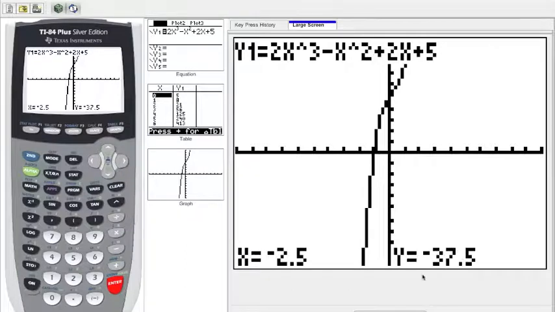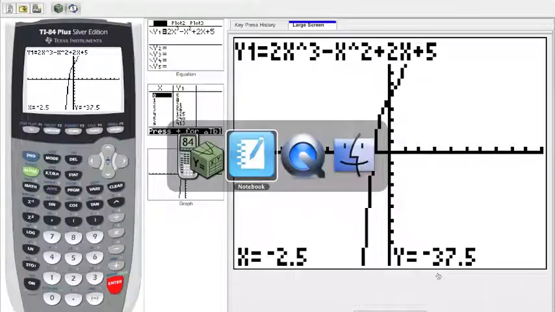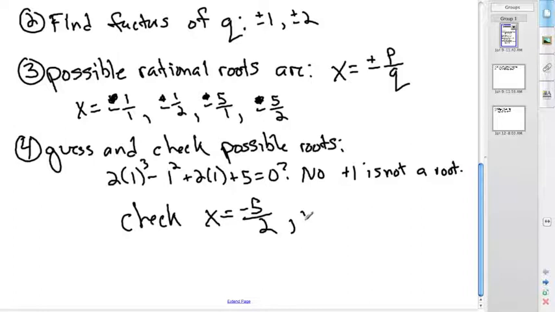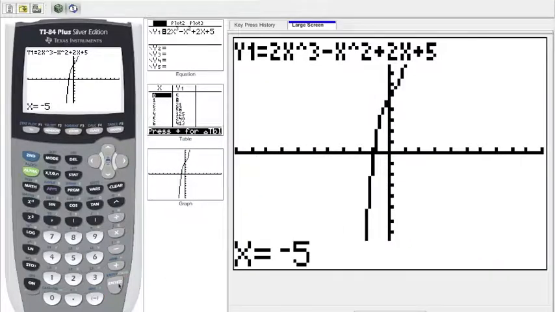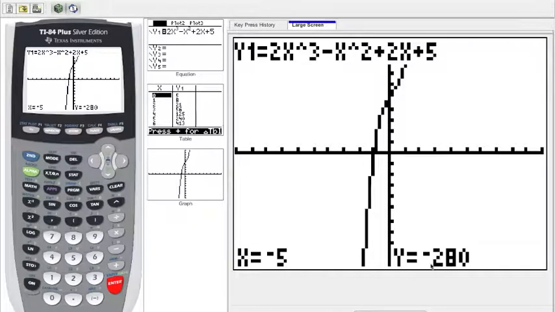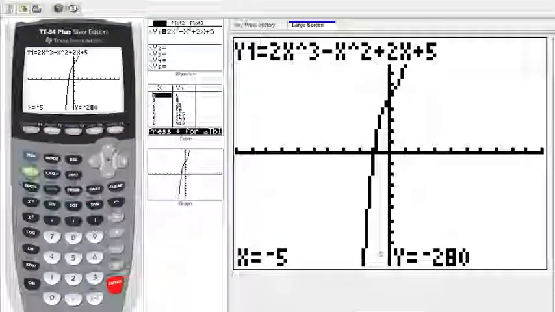So negative 5/2 is not a root. So, no. So now let's check negative 5. And you notice that y equals negative 280. We want y equals 0 when it's negative 5. So negative 5 is not a root.